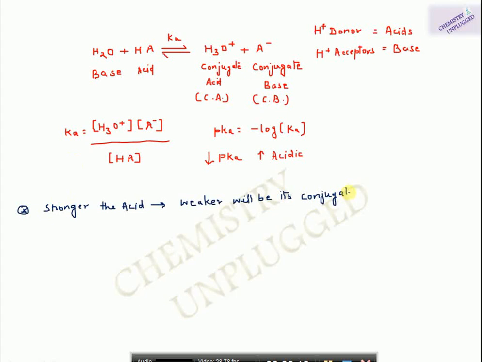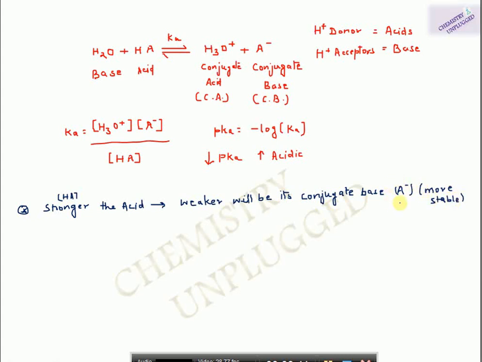So the first point to be remembered is that the stronger the acid, the weaker will be its conjugate base. There is an inverse relationship between them. If the acid is strong, its conjugate base will be weaker in basic nature, so it will be more stable because it is not participating in reactions as a base.